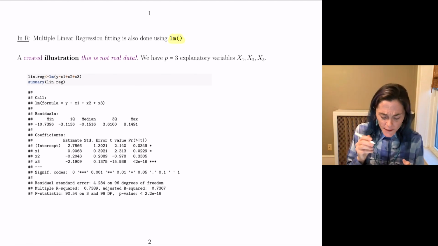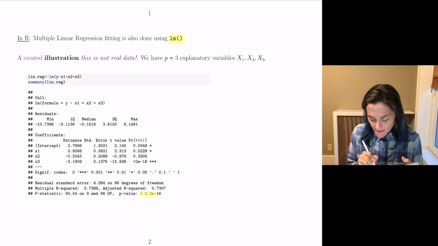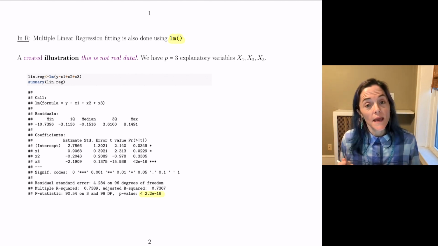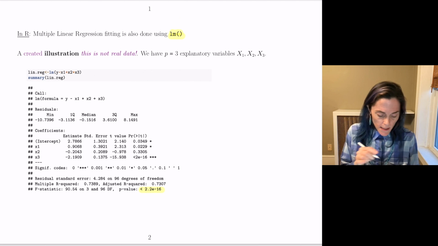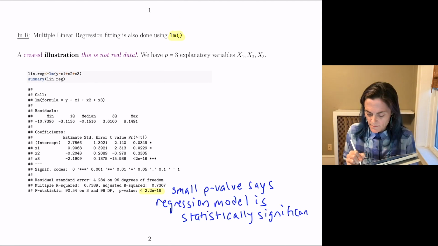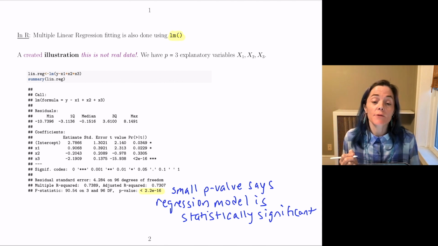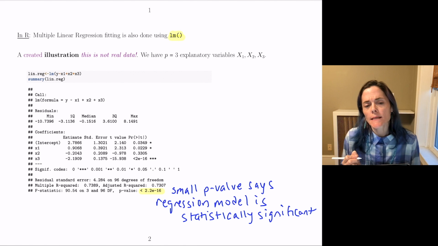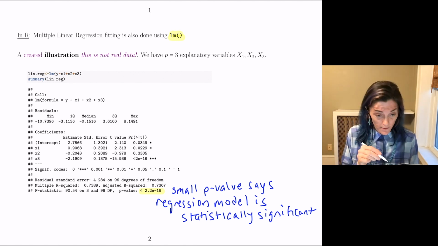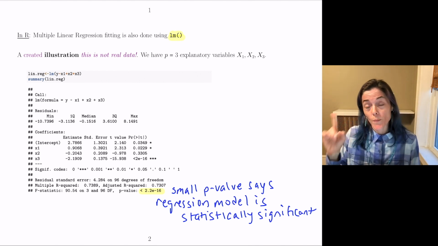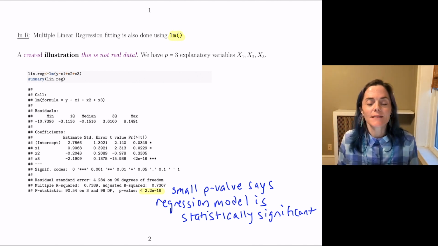Well, really the first thing to look at is here, the p-value on the F statistic. So this small p-value says the regression model is statistically significant. This would be as compared to the linear model where all of the beta 1, beta 2, beta 3 are 0, and all we have is the intercept.